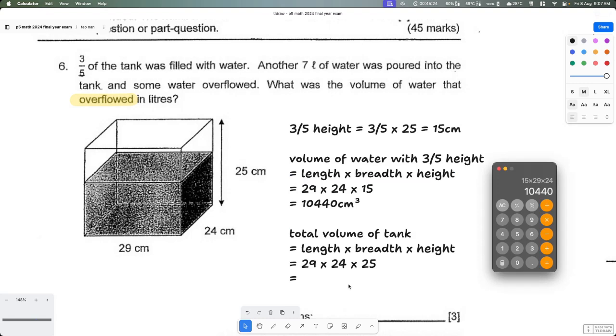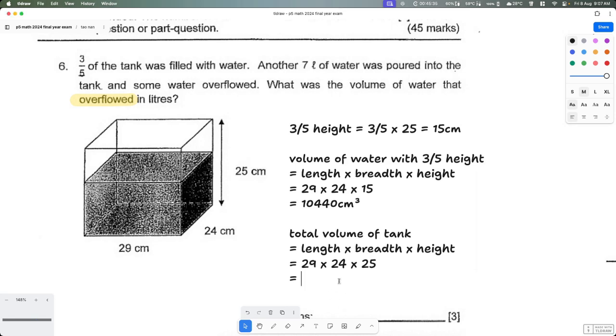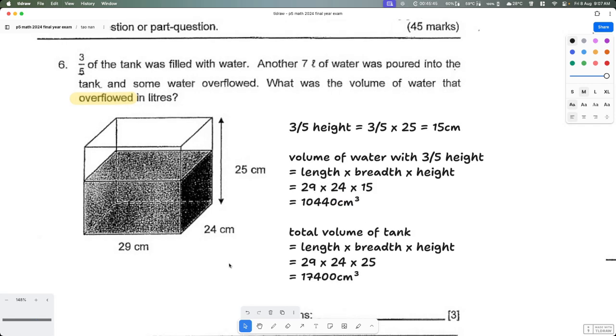So 29 times 24 times 25. This will give us 17,400. Okay, so you also want to convert this into centimeter cube, right?